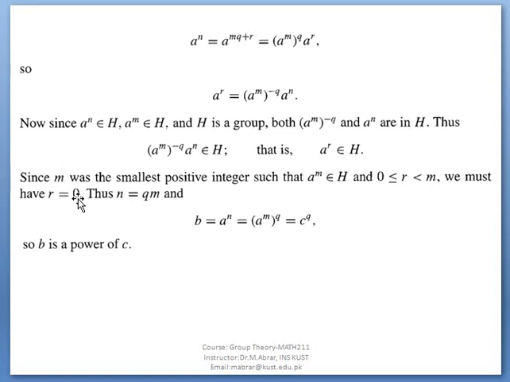So when r is 0, it means n is actually qm, and if we replace this n by qm, we will see b is actually a power of c, and we are done.